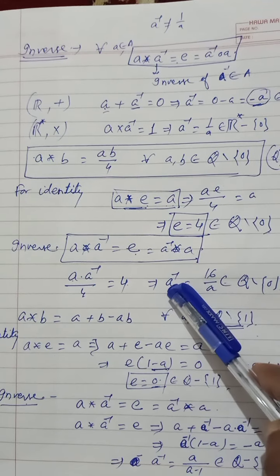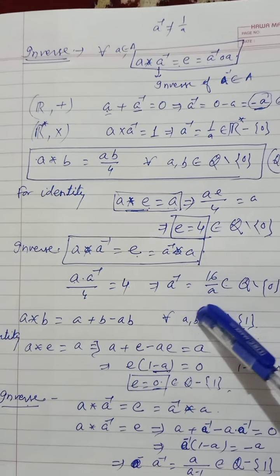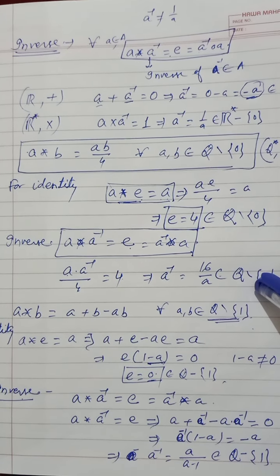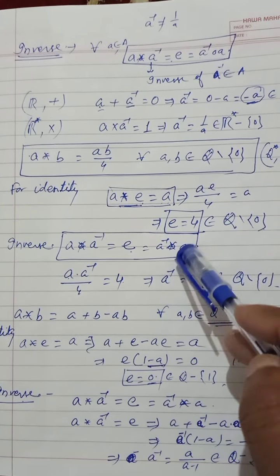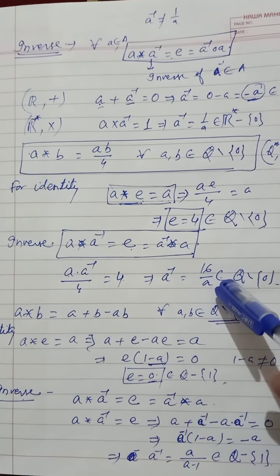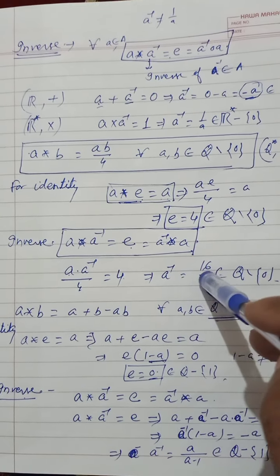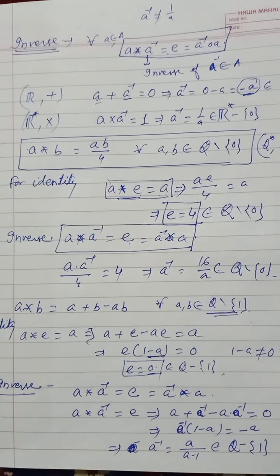So A inverse is equal to 16 by A, and 16 by A always exists on the set of rational numbers except 0. So for every element A, its inverse is given by 16 by A. So this binary operation has an inverse element. Identity also exists and inverse also exists.